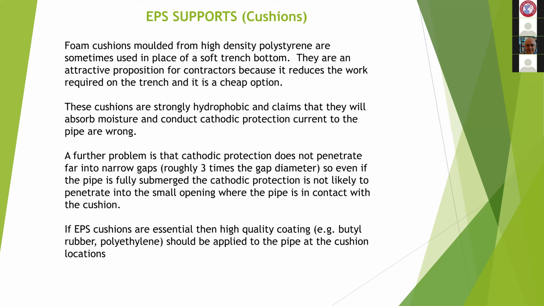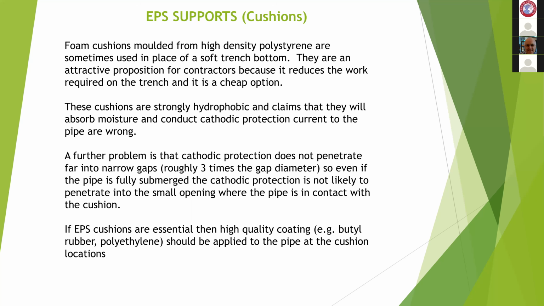Roughly speaking, cathodic protection, as I mentioned earlier, doesn't go easily into narrow gaps. Roughly speaking, it will penetrate in the gap about 3 times the gap diameter. So if you've got a 1 millimeter gap, it will only penetrate 3 millimeters. With these cushions, the optimal size for the capillary action is about 10 microns, about the size of a human hair.